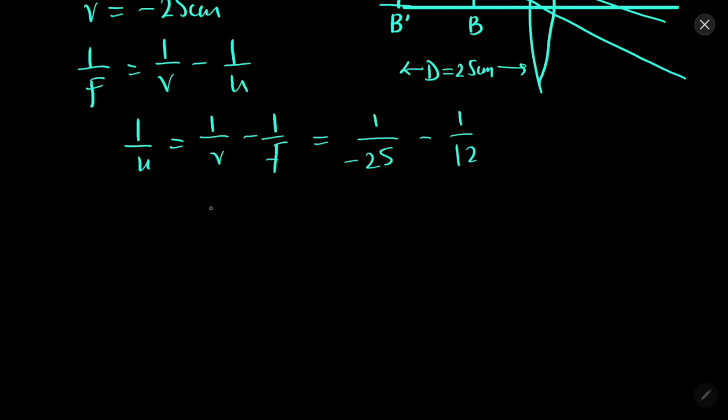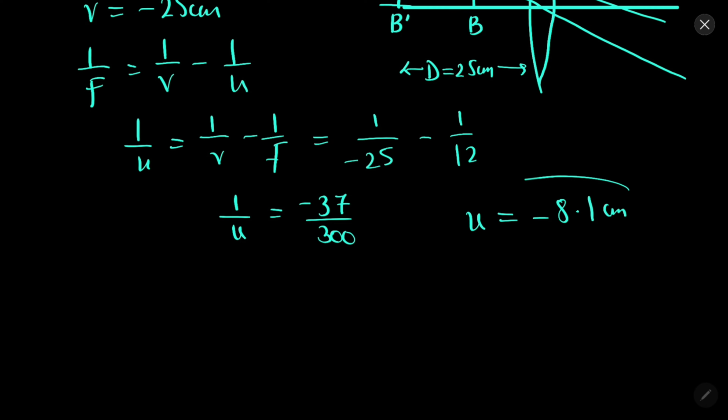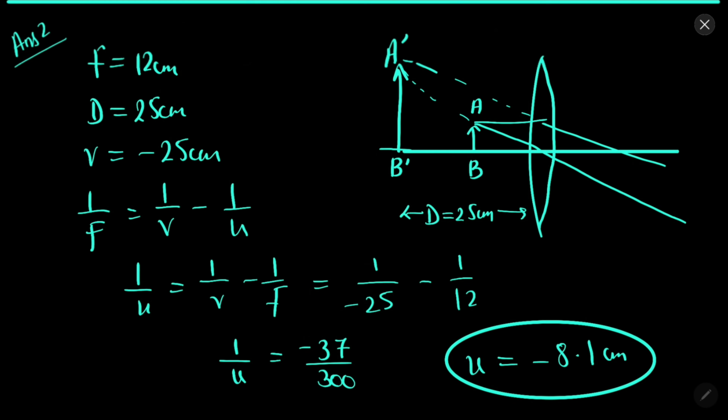So after solving this, we will get 1 over u equal to minus 37 over 300, which will give us u equal to minus 8.1 centimeter. So the object distance is 8.1 centimeter, and minus indicates that it is on the left side.